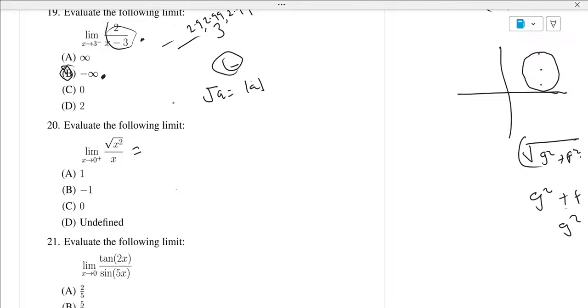So in that case, I can rewrite this one. I know that the square root of x squared is equal to the absolute value of x.